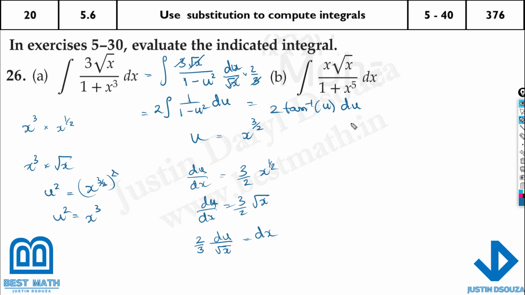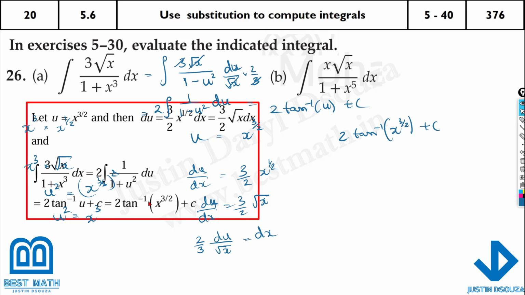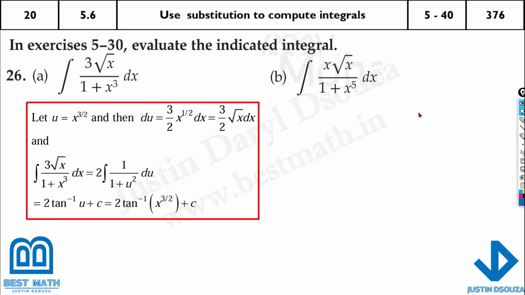And what is u assumed to be? u is equal to x to the power 3 by 2. After you use the integral, it is plus c. Yeah, this is the answer. It should be 2 tan inverse of x power 3 by 2 plus c. You can see here, that's the correct answer.